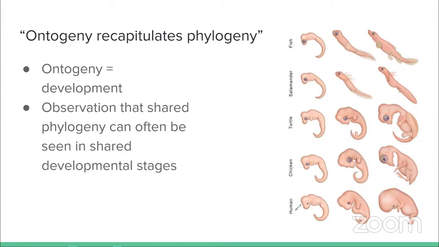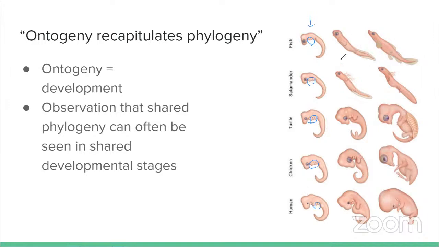We can see that when we compare the embryos of a bunch of different groups. At the bottom here, we have humans. At the top, we have fish. We also have chickens, turtles, and salamanders. You can see that the very early stages look very similar. We can see those gill slits on all of them. You can see that post-anal tail. You can see a head end and a tail end.